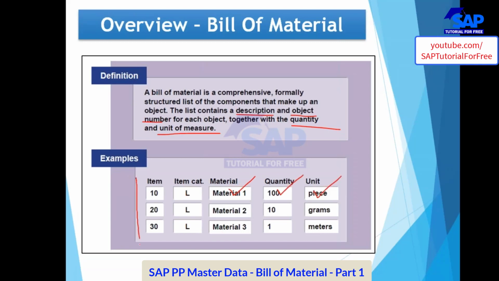Like this, you will maintain all the components required to manufacture a product. With this bill of material, production people will come to know, for a particular product to manufacture, what components they require and in what quantities. That's what the bill of material is.